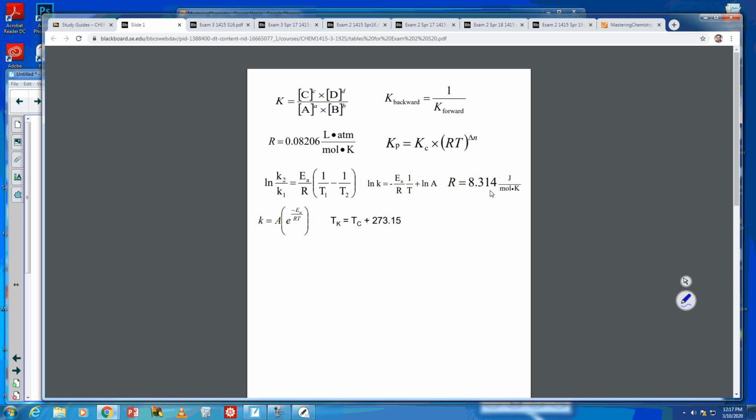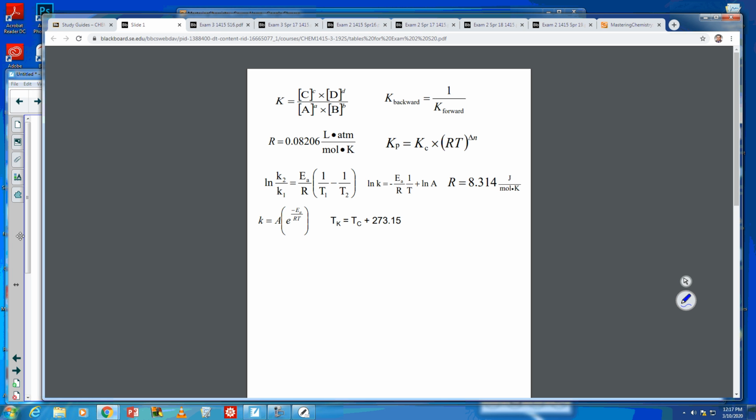This is involving gases, so it uses this R constant. For the life of me, I don't know why they couldn't call one of them Q or some other letter in the alphabet, but we stuck with R. So you have to know which R we're using.